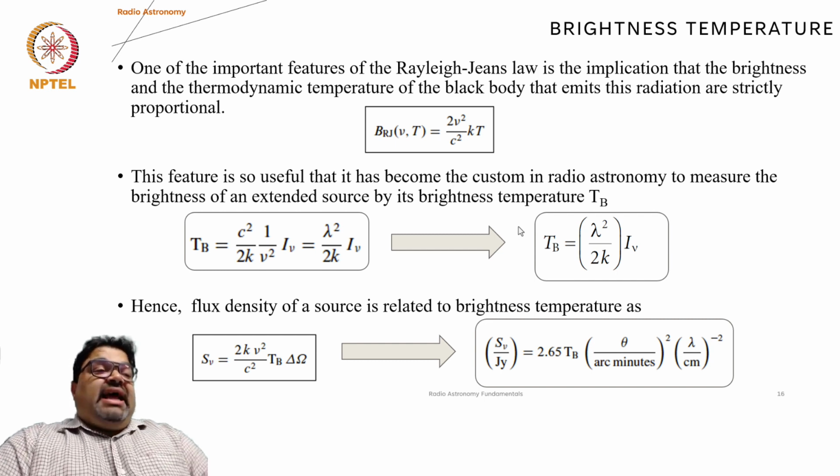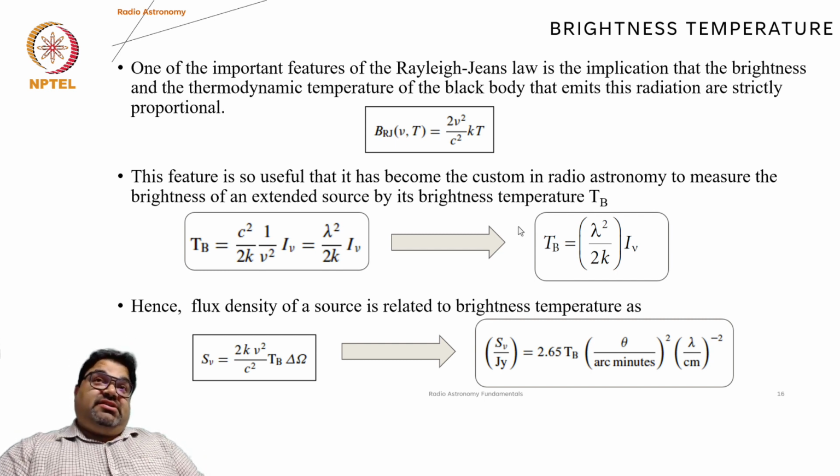That brings us to the definition of something called brightness temperature, which is extremely important. Many temperatures will come up in our discussion throughout this course. This is the first one, the brightness temperature, after the black body temperature.